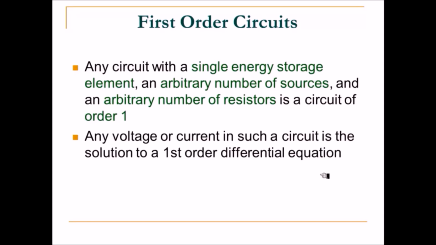Based on the order of the differential equation we get for the circuit, we classify the circuits as either first order or second order. We check the order of the differentiation. If the order is 1, it's a first order circuit. If the order is 2, it's a second order circuit.